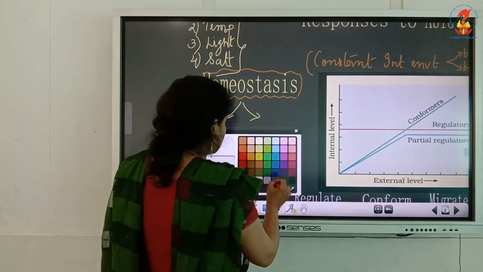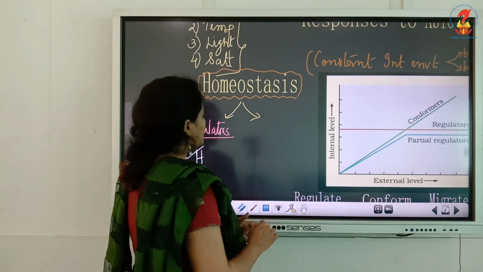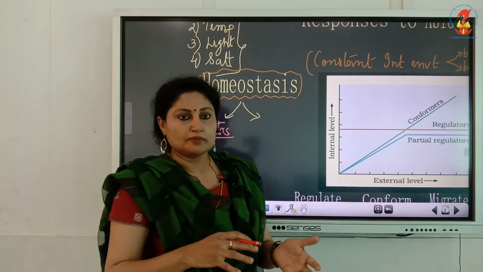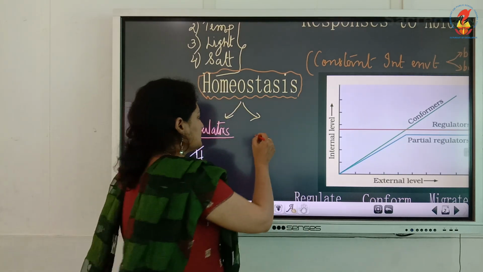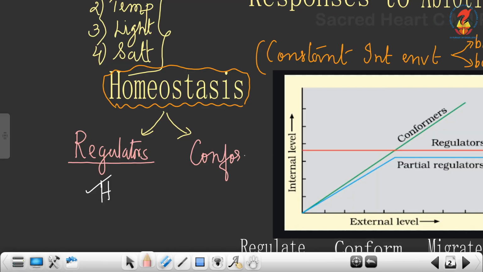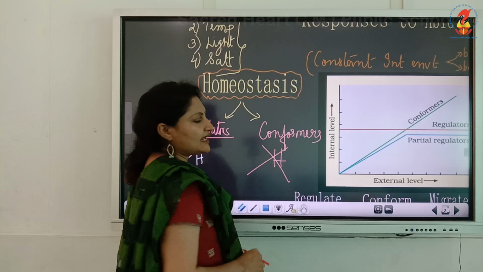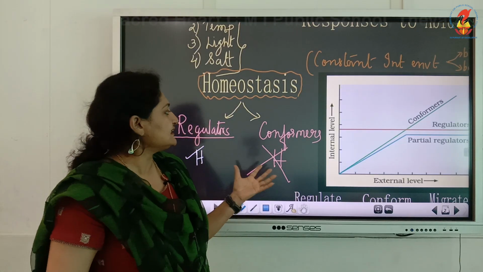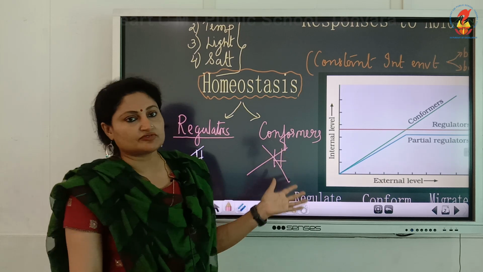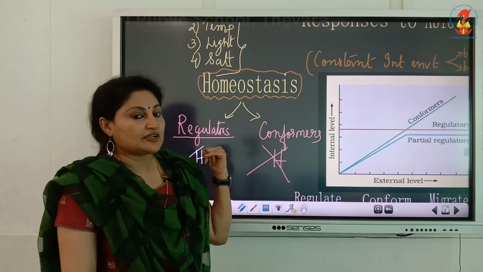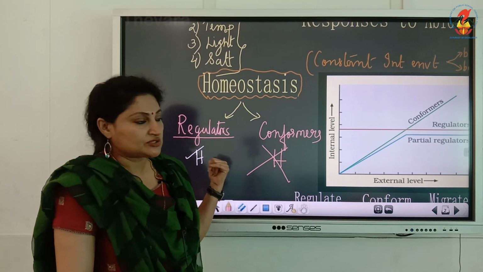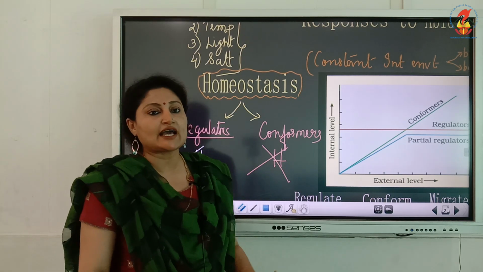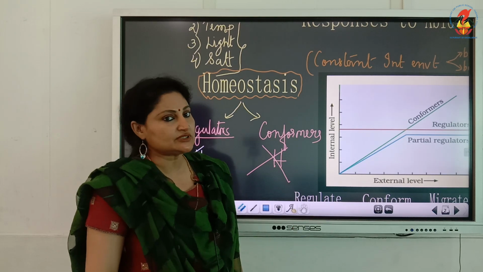Whereas the second category of organisms that lack the ability to maintain a constant body temperature or body osmolarity are called conformers. They lack the ability of homeostasis. So basically the difference between a regulator and a conformer is homeostasis. Regulators have the ability of homeostasis, whereas conformers do not have this ability.